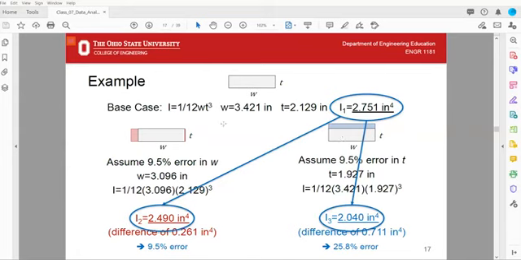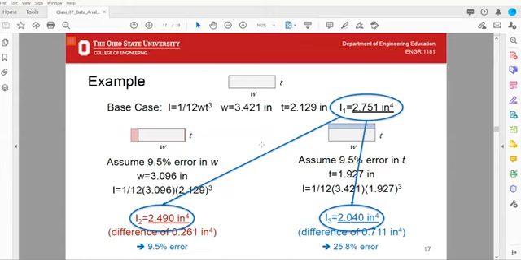If we apply that into the equations, this is the correct value, but by doing the error, you can see that the difference was around 9.5% error, which is the same error that we started with. But when we applied the error in thickness, by measuring the thickness as less than the true thickness, the difference was 25%.